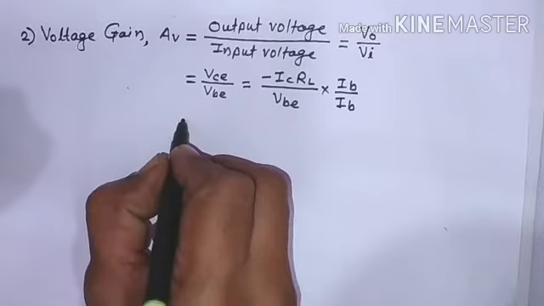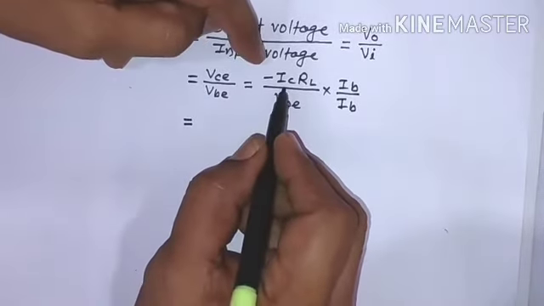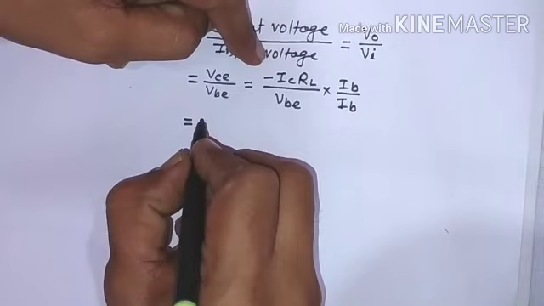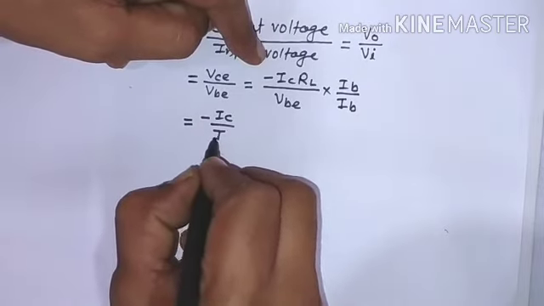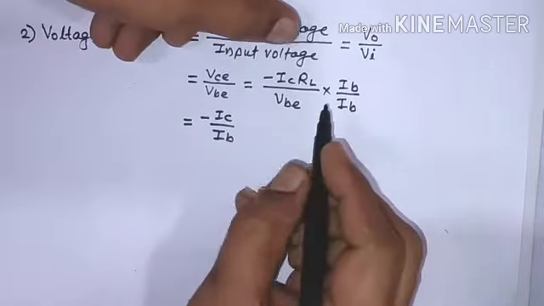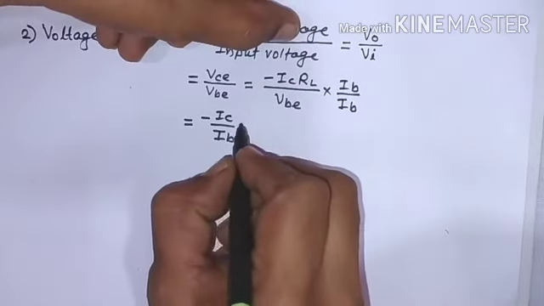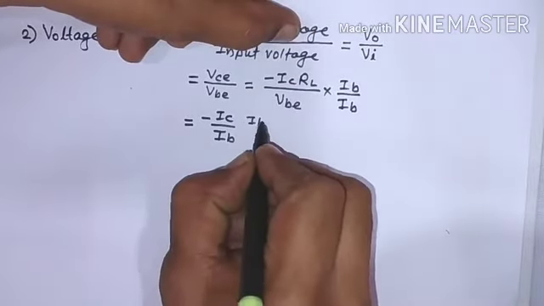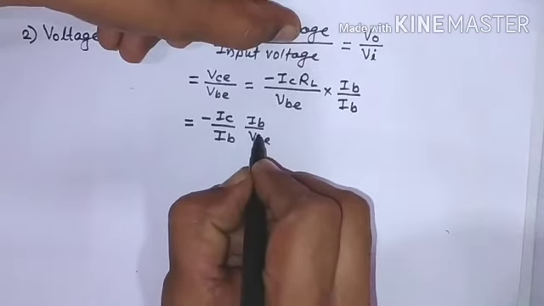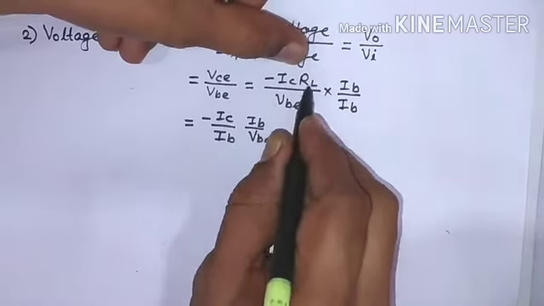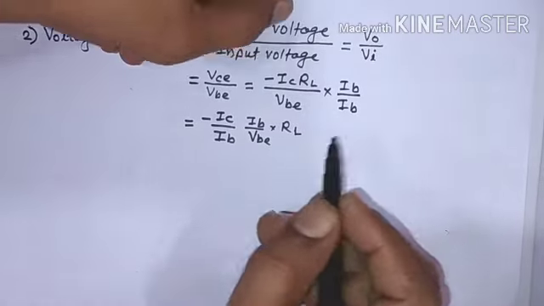So now the same equation we can write here. See here, IC upon IB. So we can write minus IC upon IB into, the second term, IB upon VBE, and the remaining term is into RL.